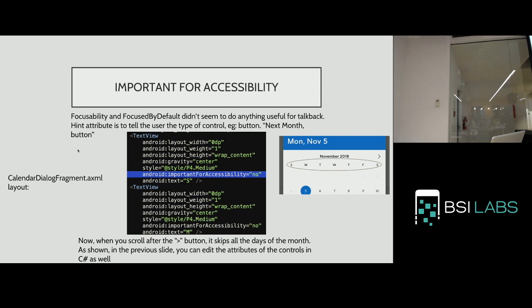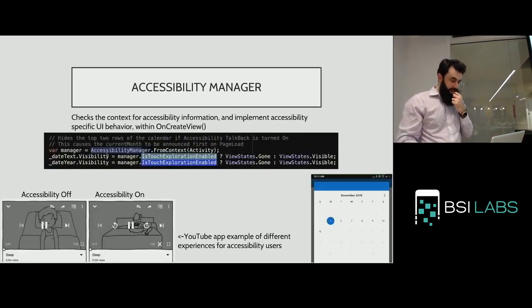That's definitely not important for accessibility. It would make sense if every time you went on this, it would say 5th November, Monday, but that's not what was going on. So we basically just set important for accessibility to false, to no. It's pretty simple stuff. It's not very complicated, but it makes a huge difference.